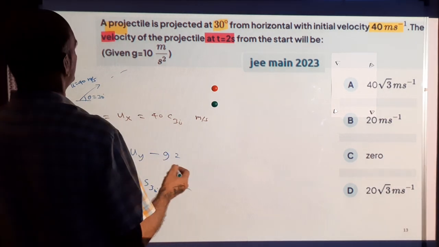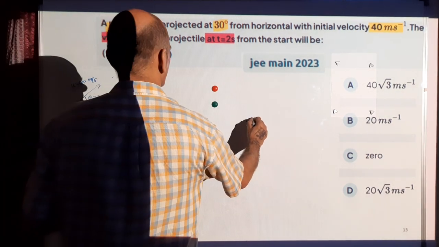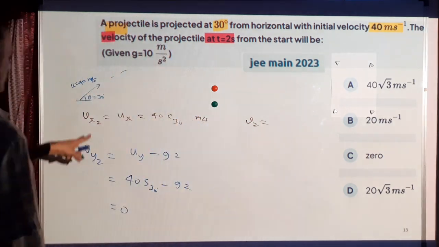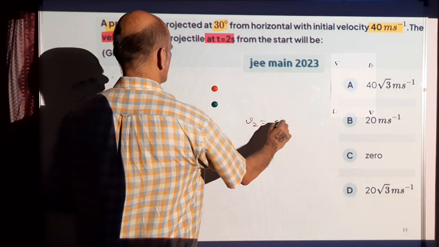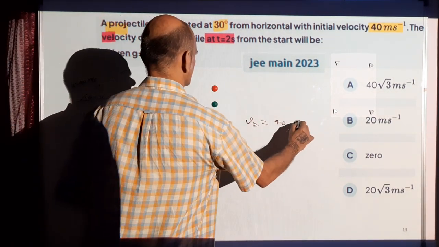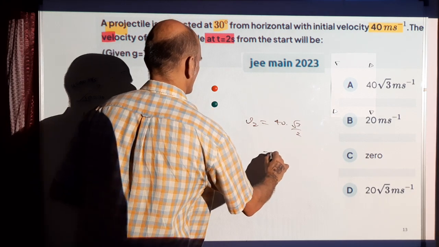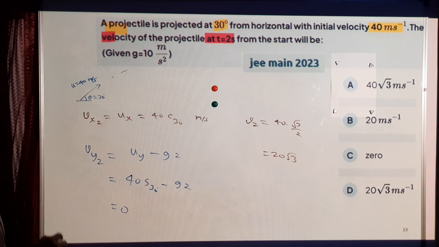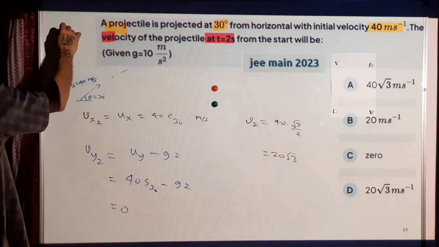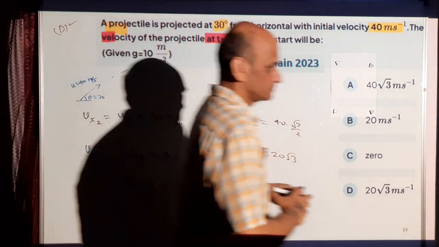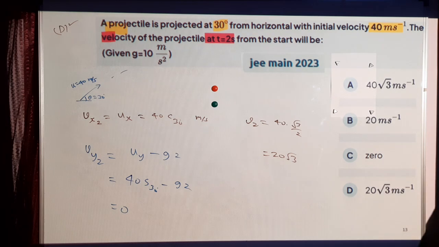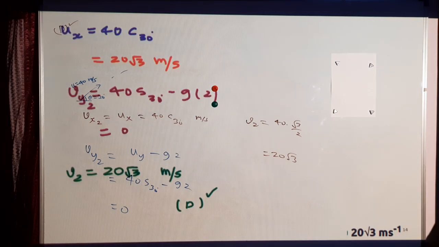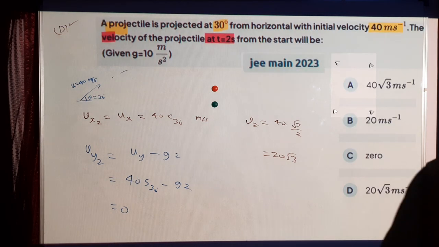So this is 0. So the velocity at the end of 2 seconds will be only the horizontal component, which is 40 into cos 30, 20 root 3 SI units. Option D. 20 root 3 is the correct answer.